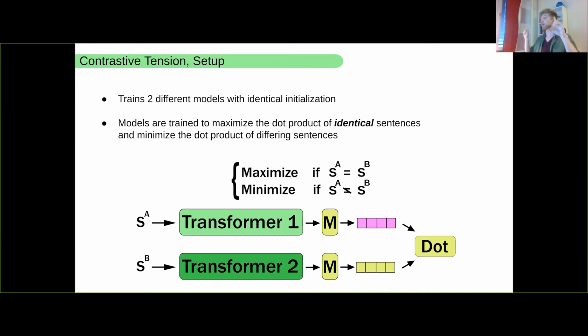If they are the exact same sentence, we want to maximize the dot product, meaning that we want to pull them together and potentially increase the magnitude of it. However, if I give 2 different sentences, like I like apples and I went swimming yesterday, we want the 2 models to disagree on a sentence embedding.